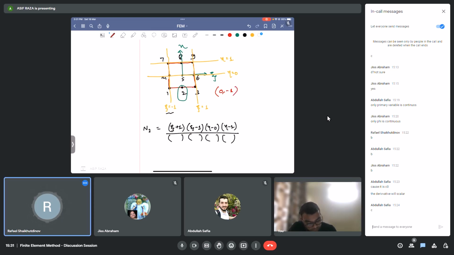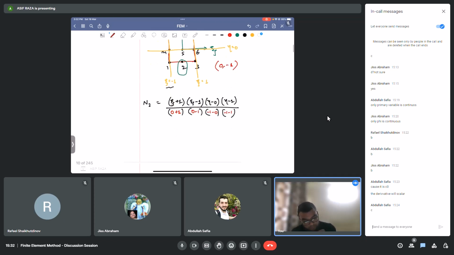Multiplied by a constant. No, that will come out naturally. That's what I'm saying. You just see. So this will be 0 plus 1, then 0 minus 1, and eta is minus 1, minus 0, and minus 1, minus 1.